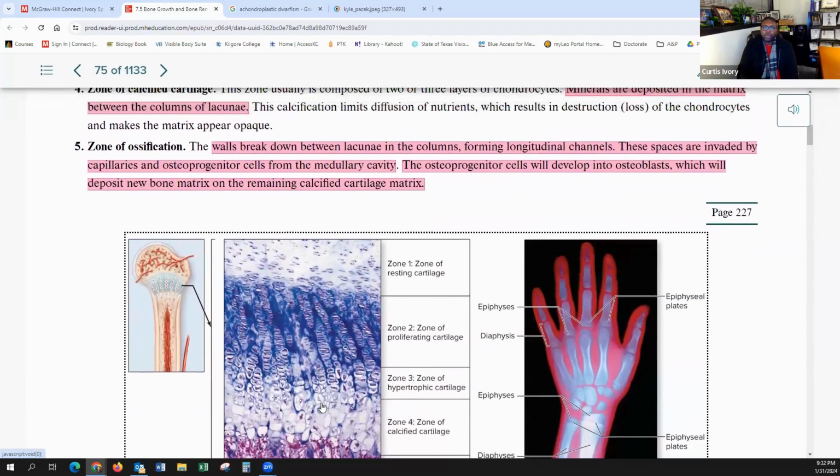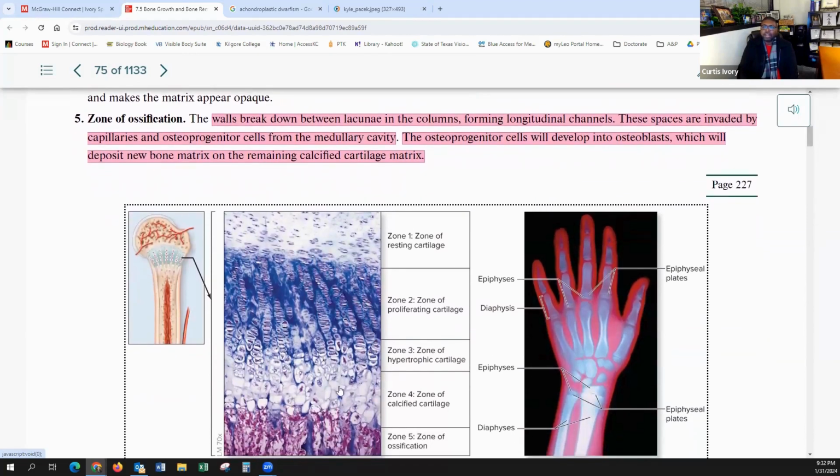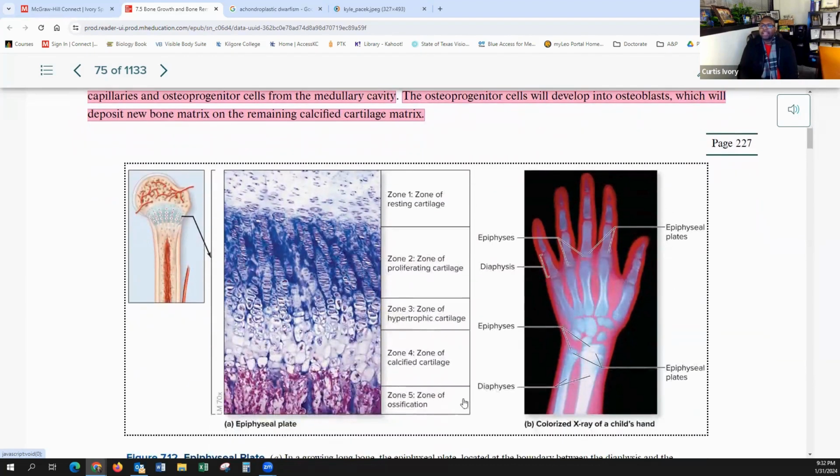And then zone 4, this is where we start seeing calcium being deposited. So it starts adding calcium to make the bone hard. And then zone 5 is when it has finished and made the bone calcified, and now the bone has gone through ossification and it has become hard.